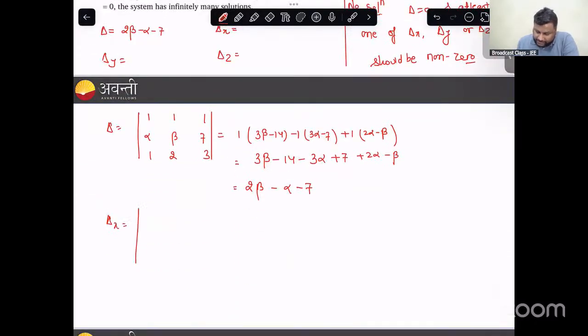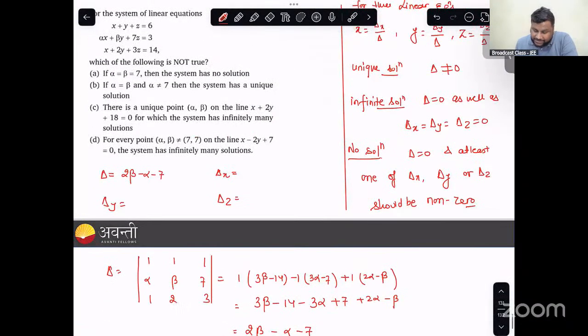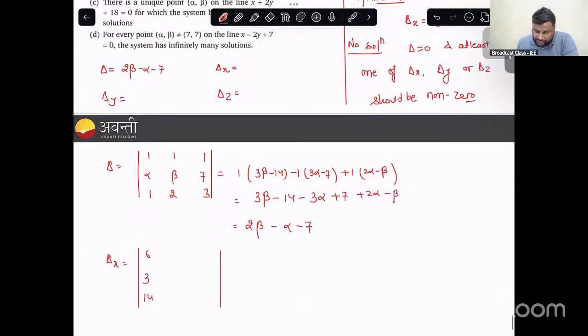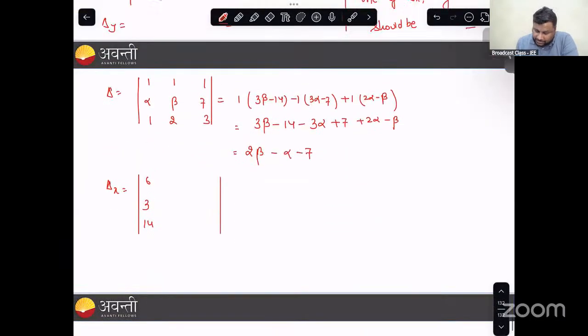Now find delta x. So in delta x, what I will do? In the column of x, I will replace the right side 6, 3, 14. 6, 3, 14. Isn't it? 6, 3, 14, yes. Then 1, beta, 2, 1, 7, 3.